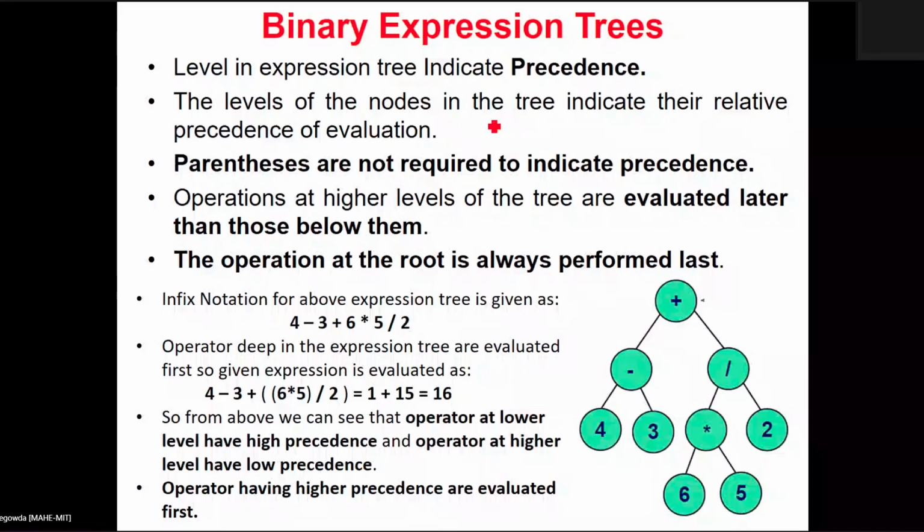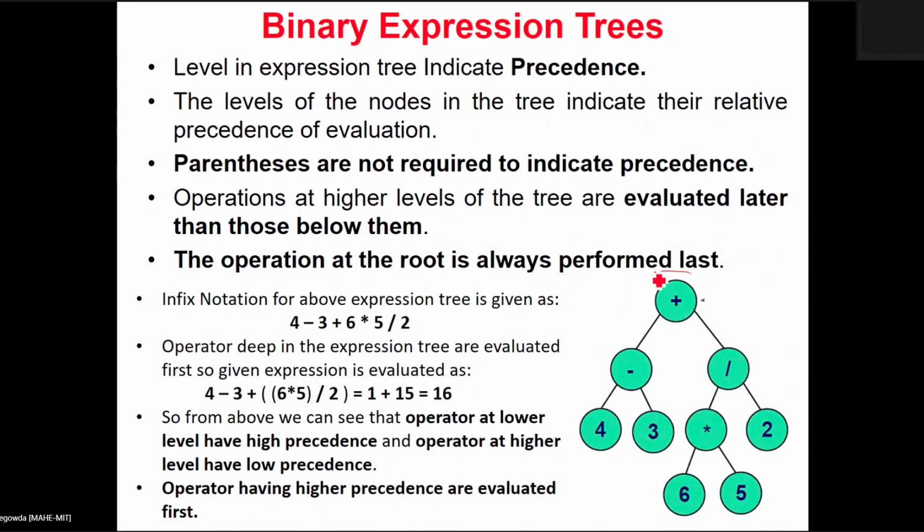The levels of the nodes in the tree indicate their relative precedence, in the sense that operations at the higher levels are evaluated later than those below them. If you look at this one, this addition operation is carried out at the end, whereas the multiplication is carried out earlier. The operation at the root is always performed last.